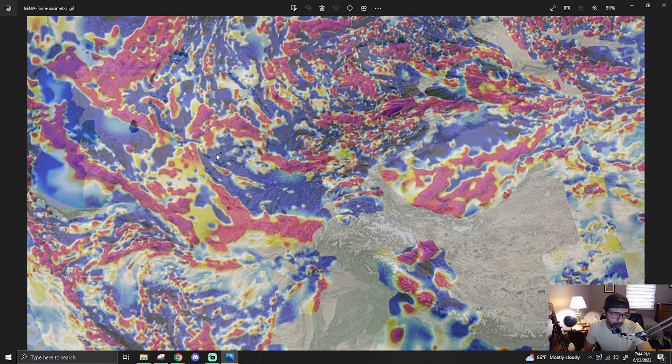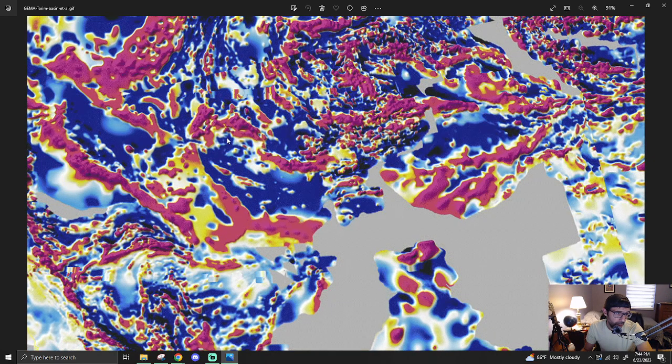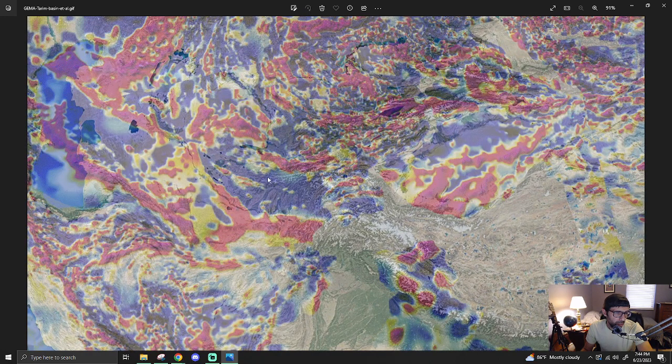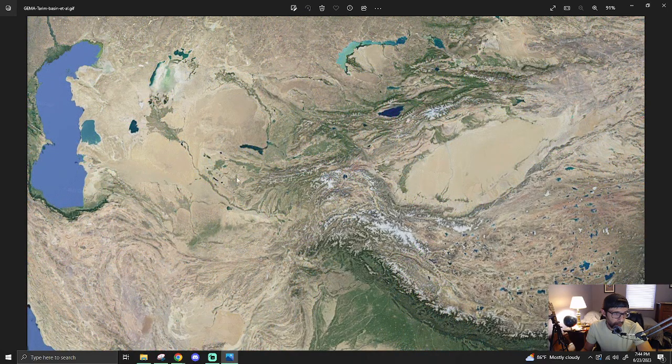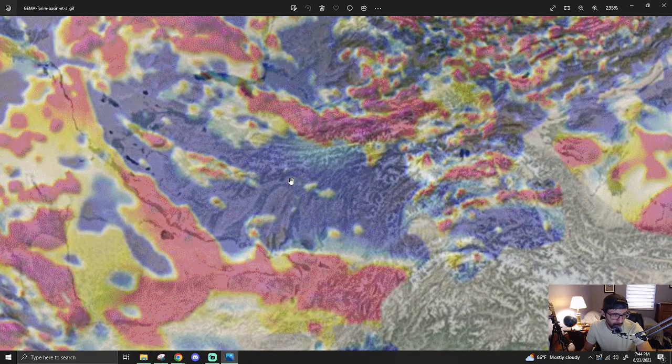This void region where this kind of feature is. This, we can see that. Even with things going across there.